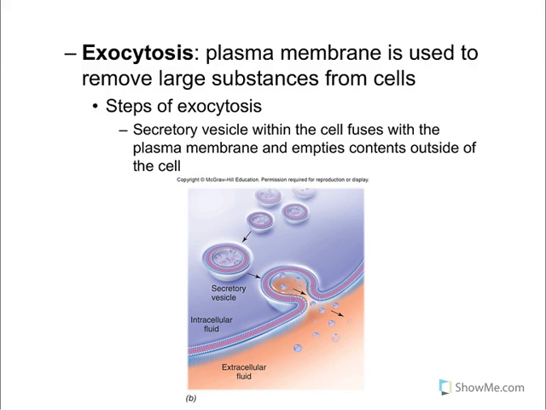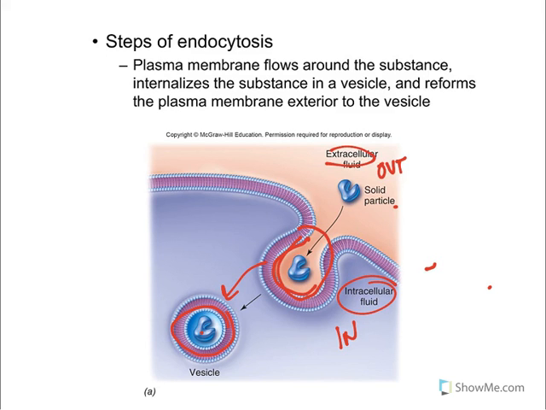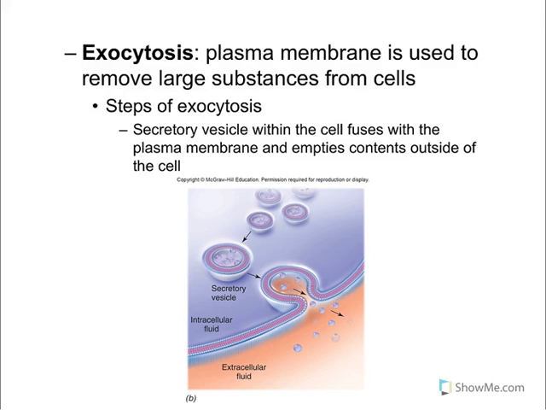And exocytosis is the opposite. This is removal. So endo is in, exo is out. Okay, so we're moving outside. So here we've got these vesicles that have lots of trash in them, and that trash is too big to go across one of those little tiny hallways of those proteins.